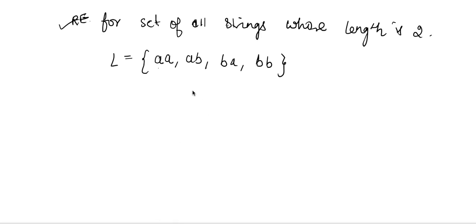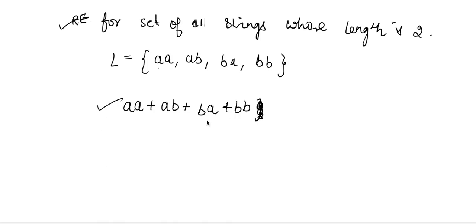So what you have to do is just simply put union into it: aa + ab + ba + bb, because the language is finite. So this is the regular expression for it.